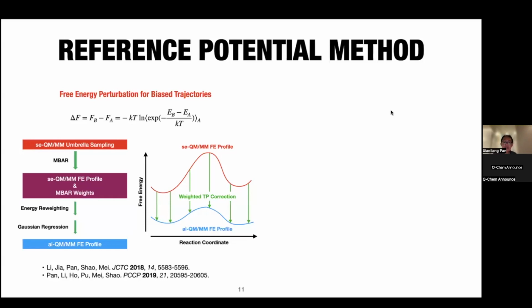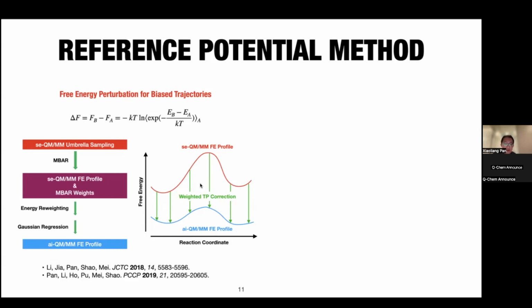So another type of calculation that we do is this reference potential method. The idea is we pick two tiers of methods. One is the low level one, the other the higher one. Then during the sampling phase, we only evaluate the low level method. And then we do umbrella sampling. For each window, we do this vertical correction, just doing single point energy calculations for the collected configurations in each window.